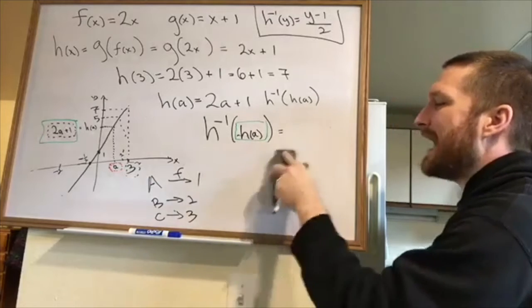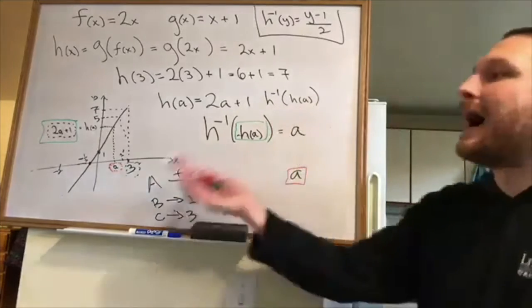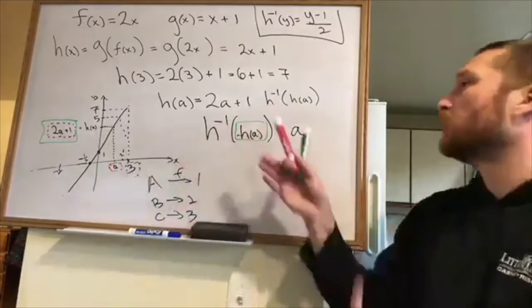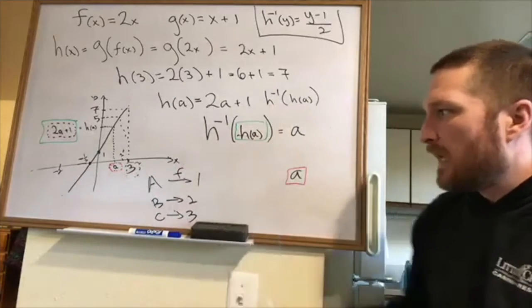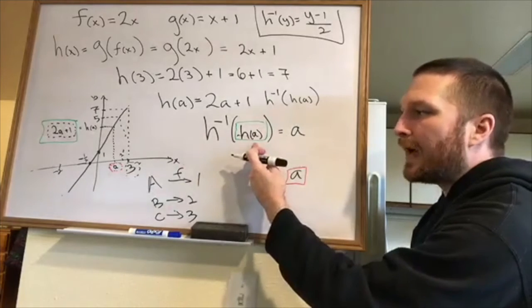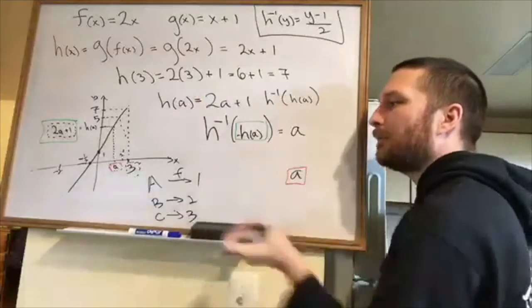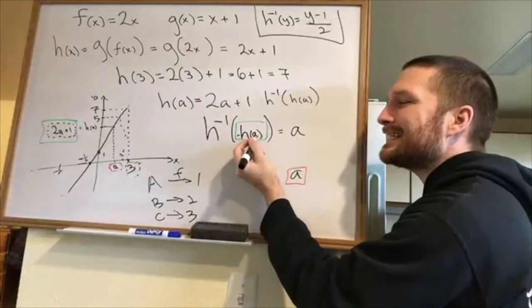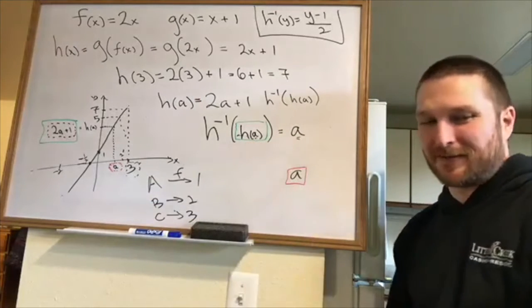We happen to have a nifty formula, and it happened to be a line, which we feel good about. But if H is any function, it's going to have one and only one output. And so when we take that output and pull it back, it should take us back to where we started.